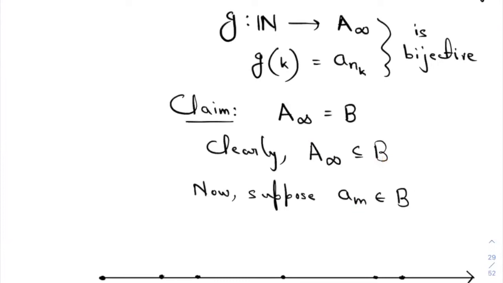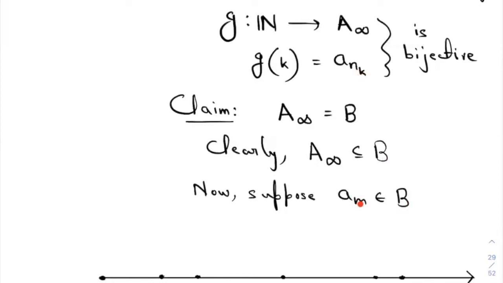And so to show they are equal, I have to show that every element of B is in fact in A infinity. So I take a random element in B, and this random element is still an element of A, capital A. Remember, that means it is in the form A sub n m over here. Since it's in this form, to make sure that those A n k take care of the whole B, I'll have to show that this m is one of those n k.